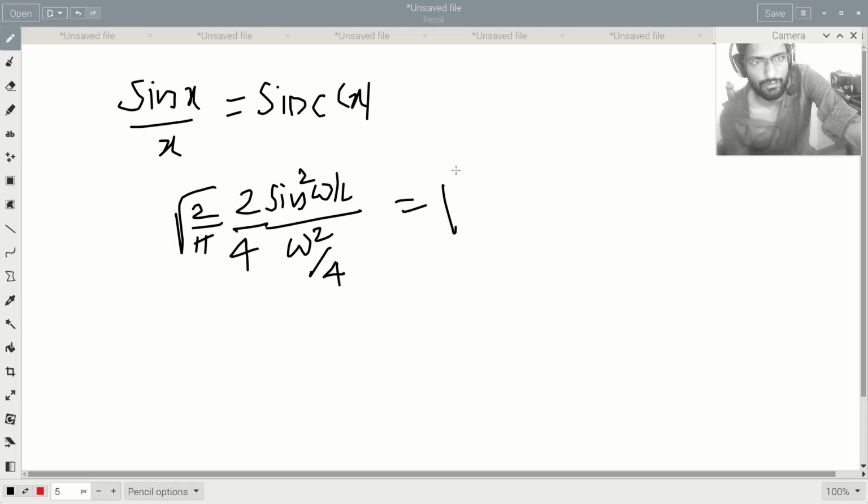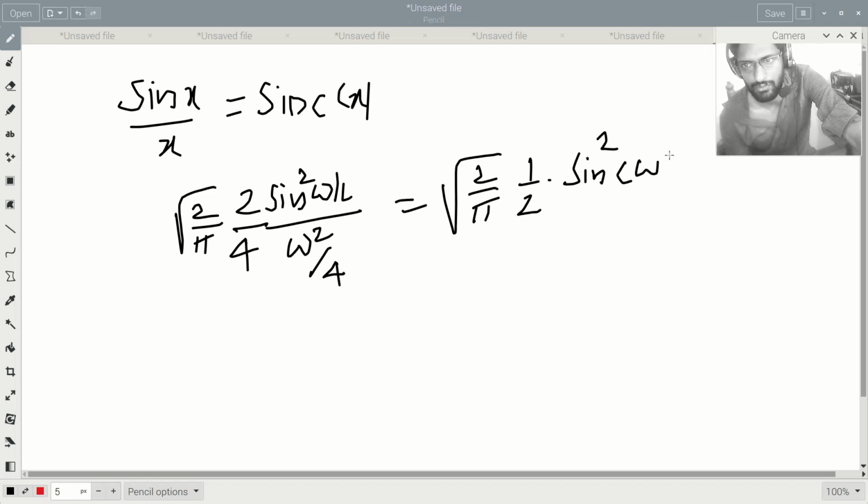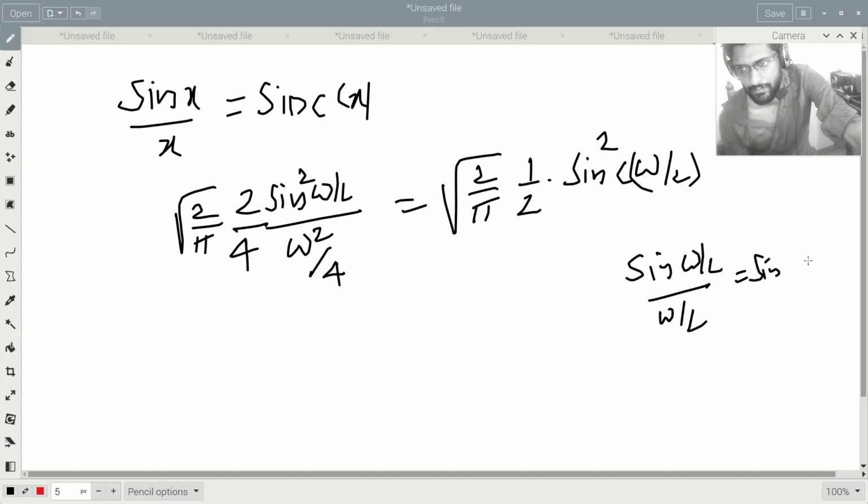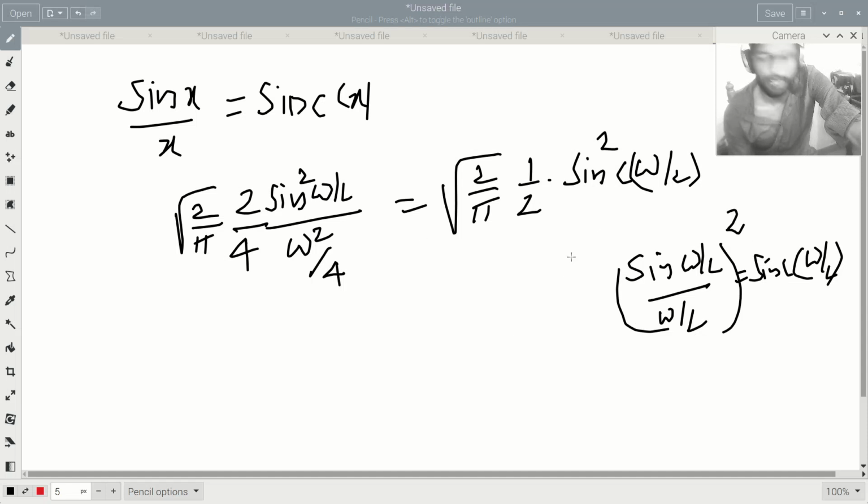So this is equal to root 2 by pi into 2 by 4, which is 1 by 2, into sinc square of omega by 2. Why is that? Because sin omega by 2 divided by omega by 2 is sinc of omega by 2, and we have the square of the whole thing.